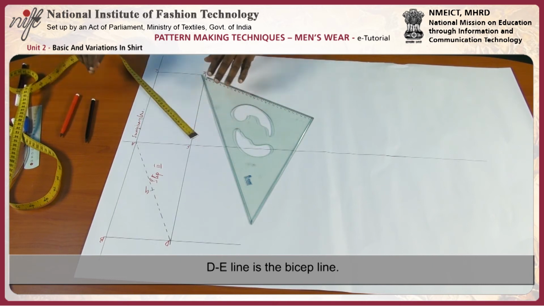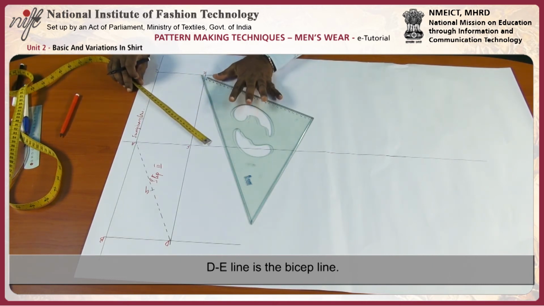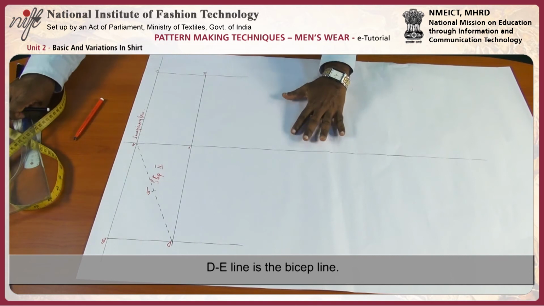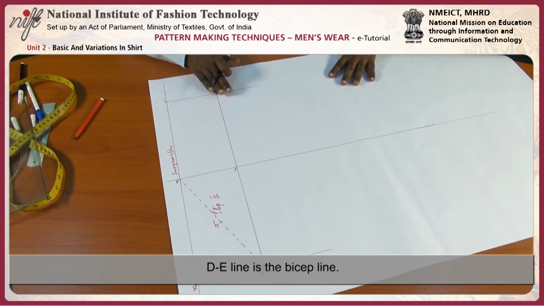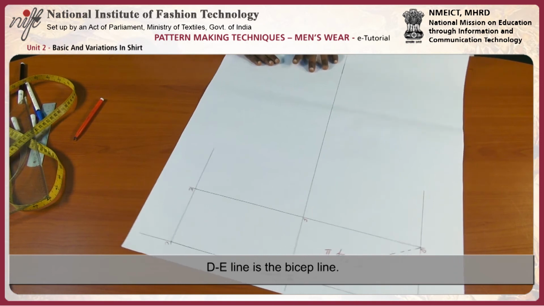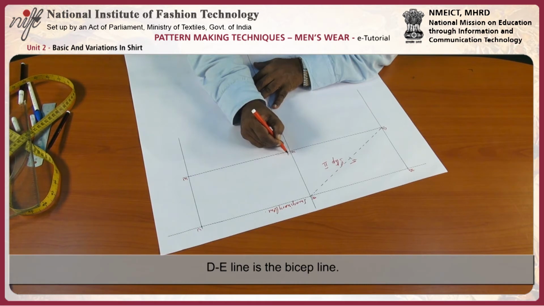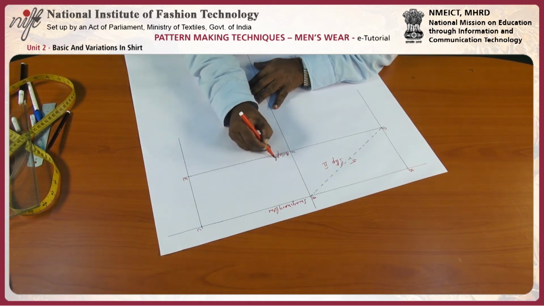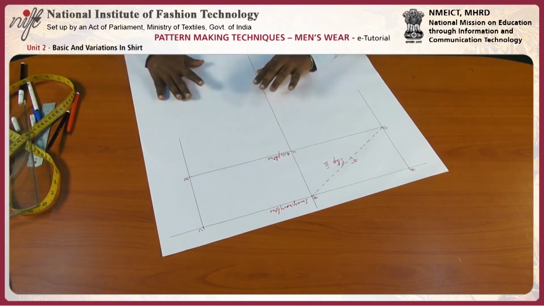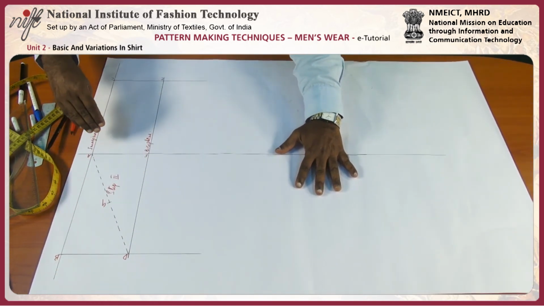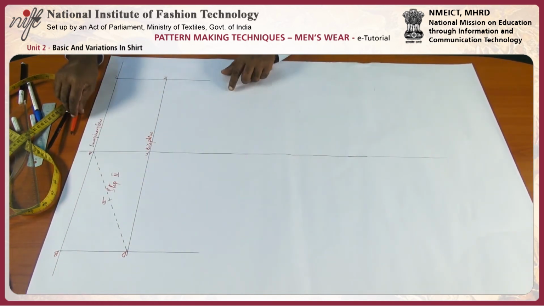G. Now the DE line is the bicep line. DE is a bicep line.